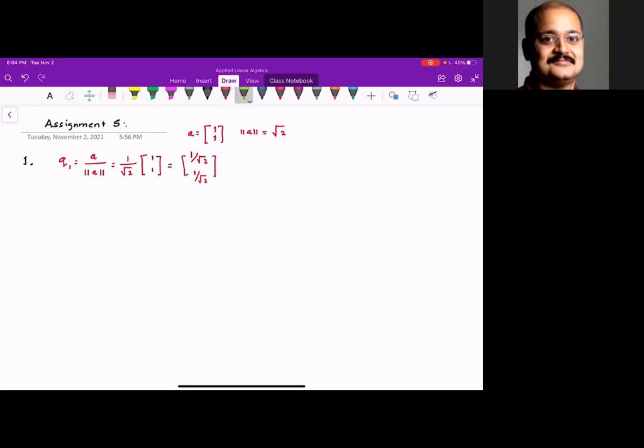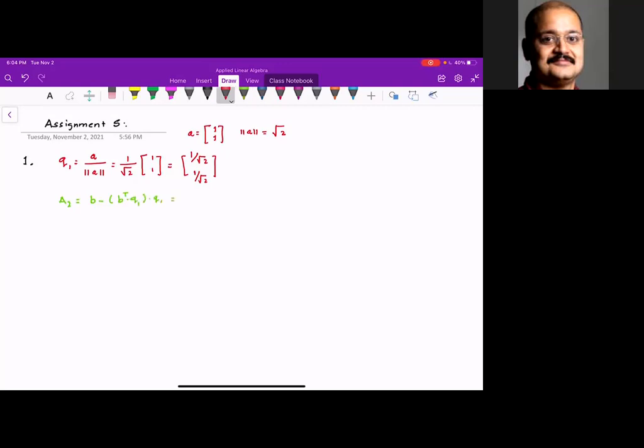Second step is now you have to find A2. This A2 is the next vector B, and then we have to find the projection of B, which is B transpose, to find the dot product, Q1 multiplied by Q1.